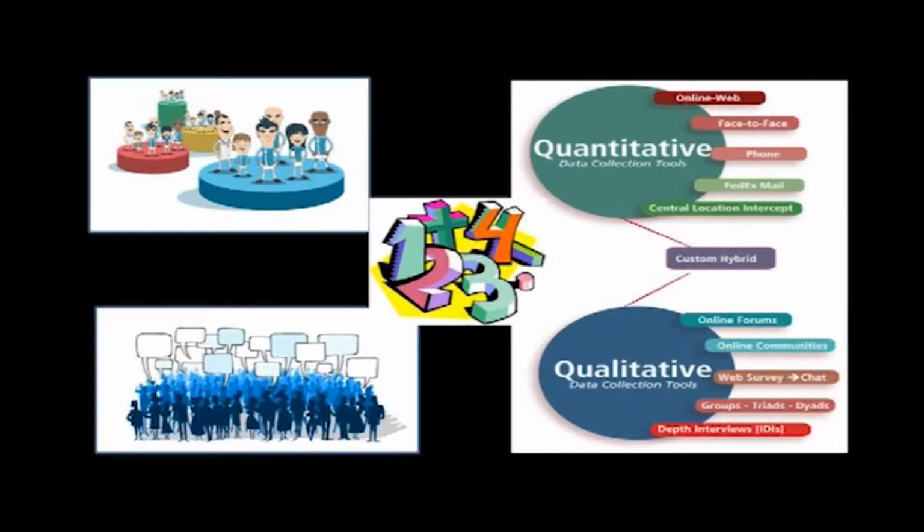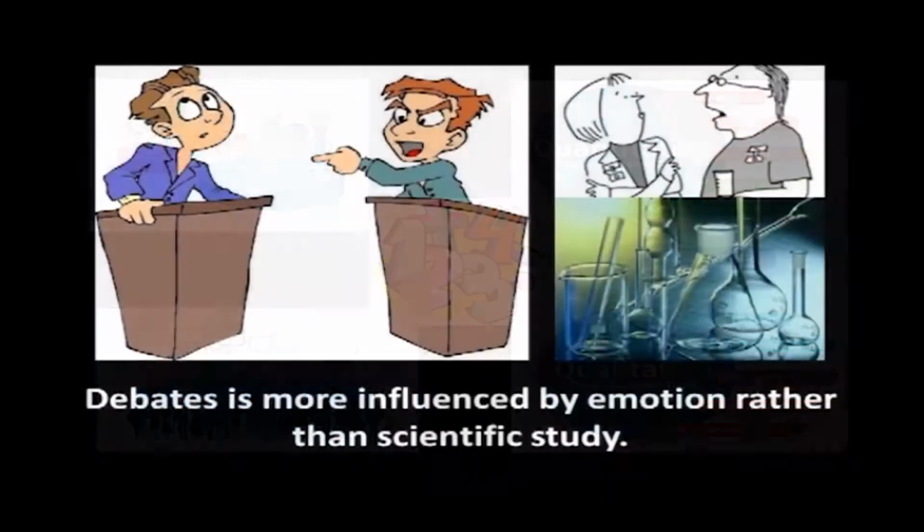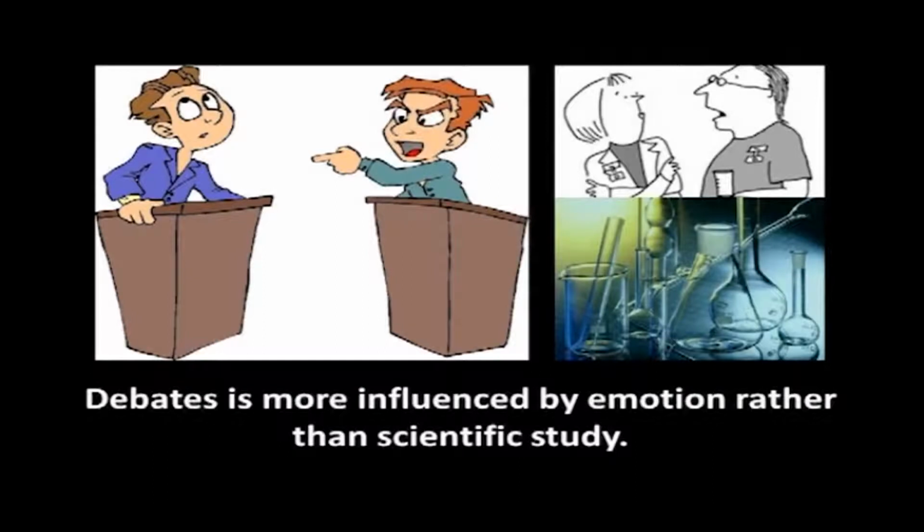However, there are many issues not suitable for quantitative study. Debates and personal beliefs tend to be more influenced by emotion rather than scientific study. This makes quantitative research a difficult but worthwhile method of research.